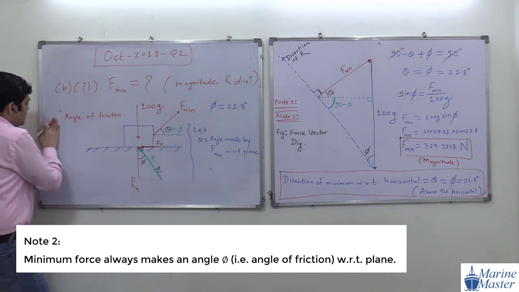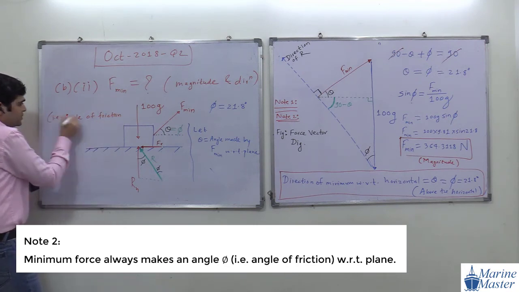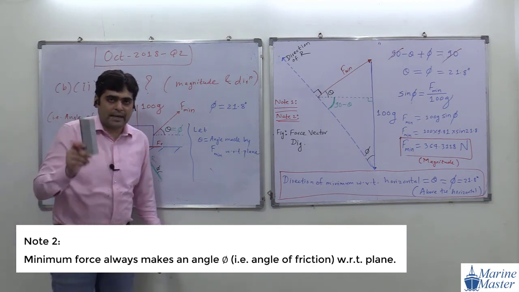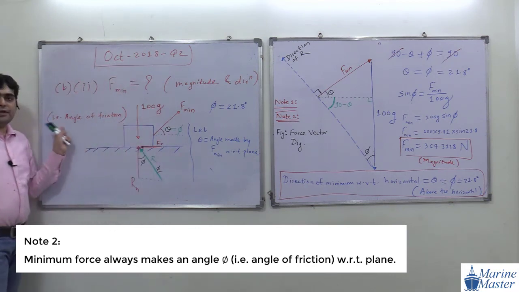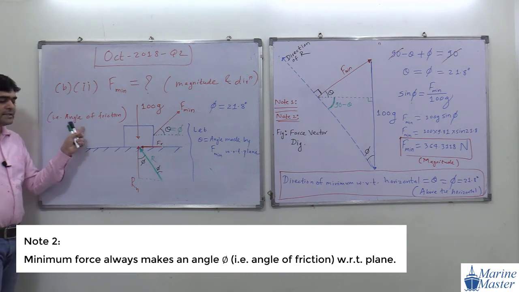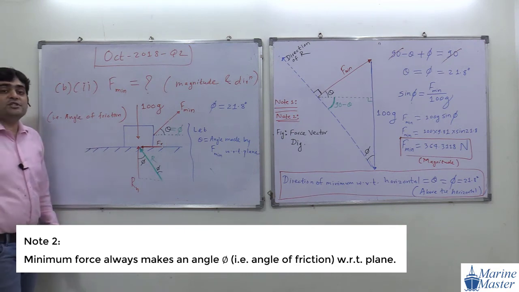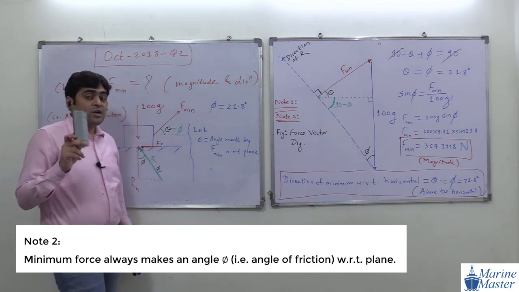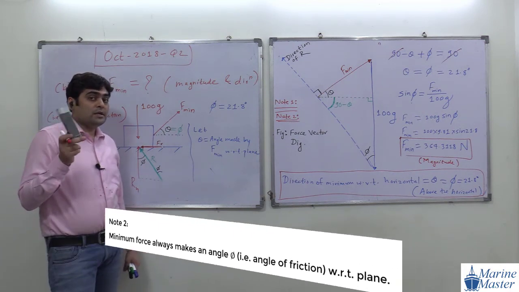Write that down also. Minimum force makes an angle phi, that is the angle of friction, with respect to the plane. See the words: with respect to the plane.